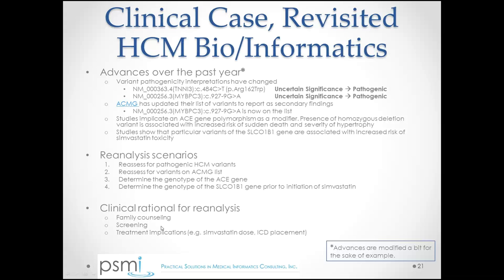There might be different screening tests that we're going to do on him if we know what his variants are. And then, possibly most important, it's going to have direct treatment implications on this particular patient. It might tip the scale towards wanting us to place an ICD, an implantable cardiodefibrillator, and also it might affect the simvastatin dose we give him.